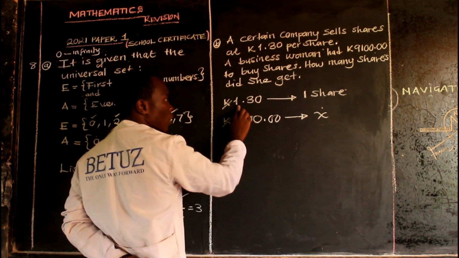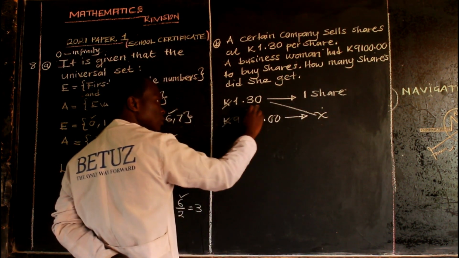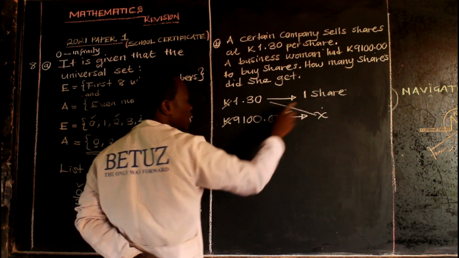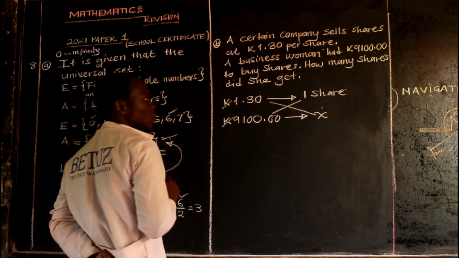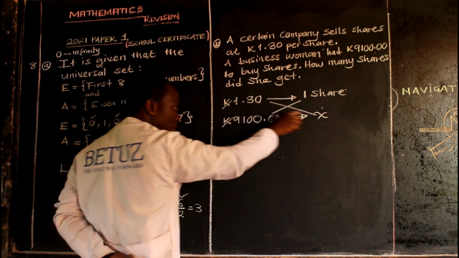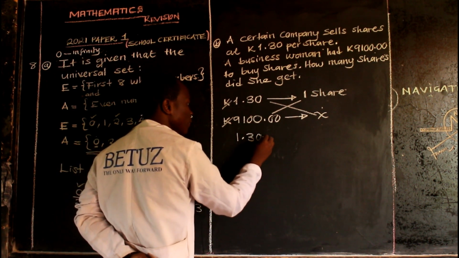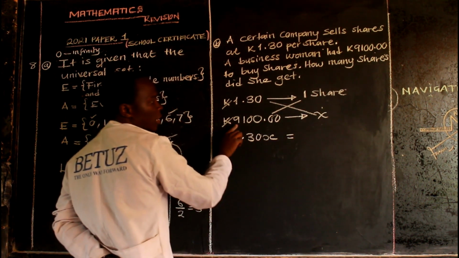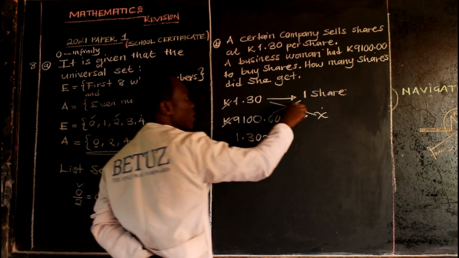So we are going to say 1.30 times X, you obtain 1.30X, is equal to 9,100 times 1 share.